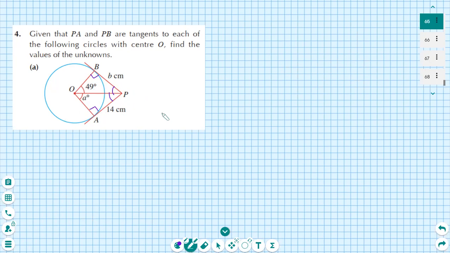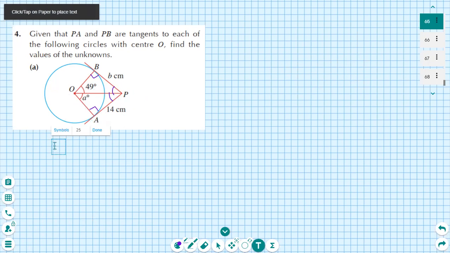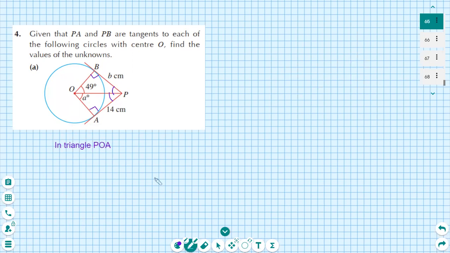So now we can find angle A from this triangle OPA. Right here in triangle POA, the first angle is A, second one is 90, and the third one is unknown again.